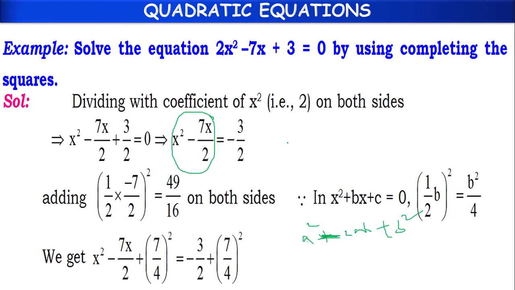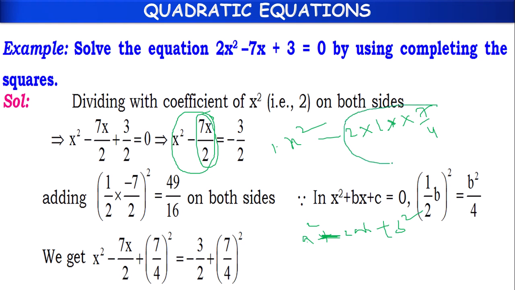In the place of a square, we have x square, where a value is 1, so 1x square, minus 2 into a, a is 1x, into b. What value do we keep so that it will be equal to 7x by 2? Here 2 is there. If we keep 7 by 4, then 2 times 4, 7 into x, 7x by 2.